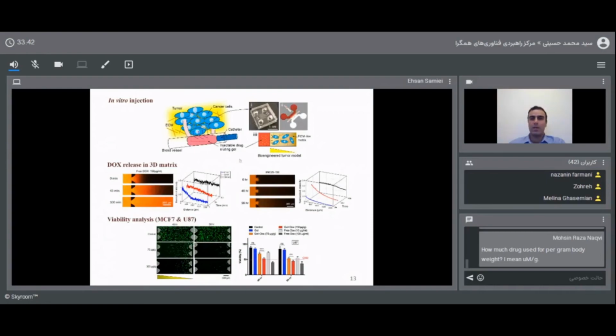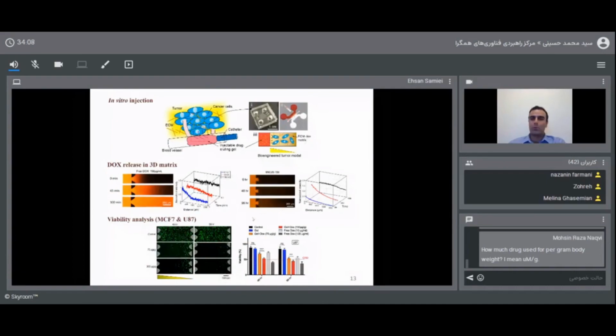Whereas when we use the drug-loaded hydrogel in the side compartment, we observe a very sustained and slow release. Over 96 hours of release, less than 20% of the drug was released into the compartment. It also showed a gradient type of behavior, which is more relevant to what happens in the human body.